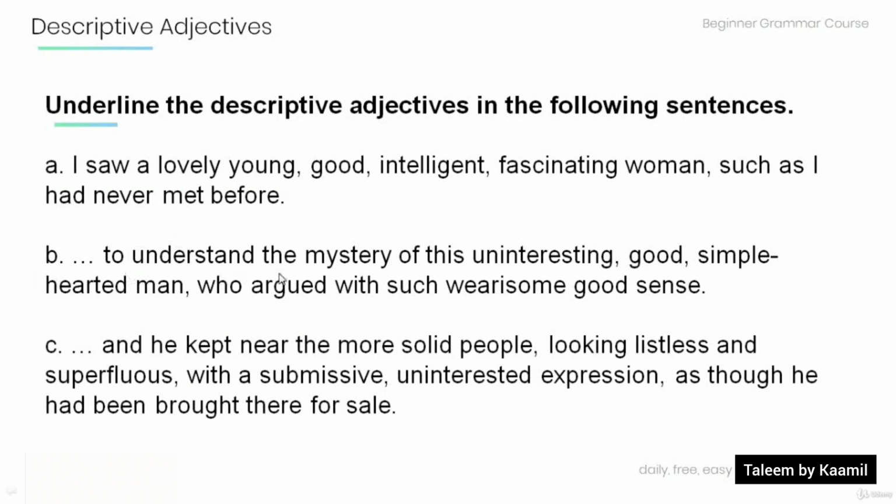B. To understand the mystery of this uninteresting, good, simple-hearted man who argued with such wearisome good sense. C. And he kept near the more solid people, looking listless and superfluous, with a submissive, uninterested expression as though he had never been brought there for sale.